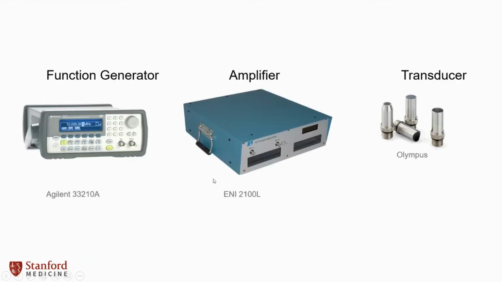When I'm collaborating with people, they'll ask, all right, what do I need to buy? I always recommend these basic things. The Agilent 33210A, it's a phenomenal little function generator, and it has this $100 interface that's USB compatible, where you can plug that into your computer and use Python to control everything that this does.